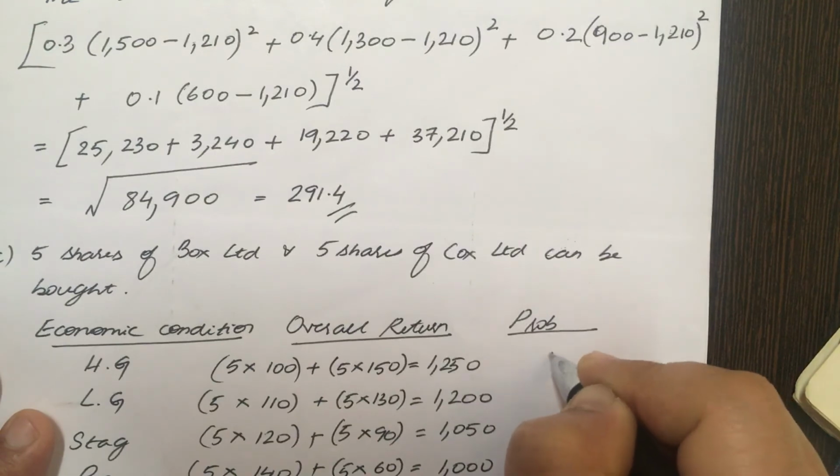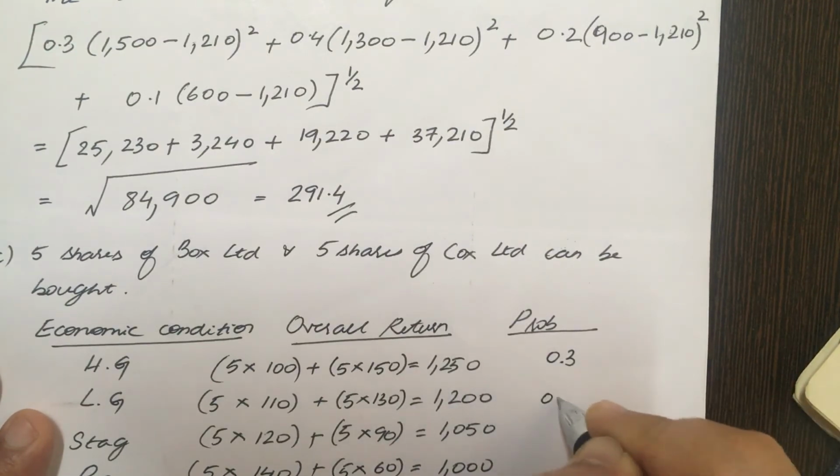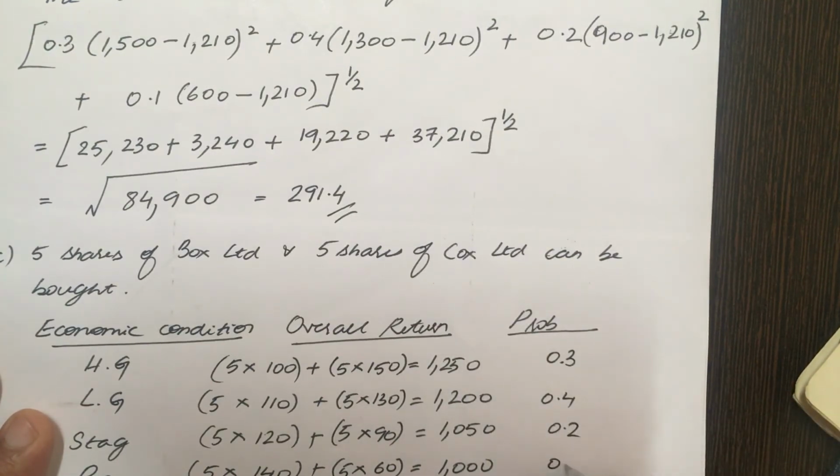Of course, show your probability 0.3, 0.4, 0.2 and 0.1.